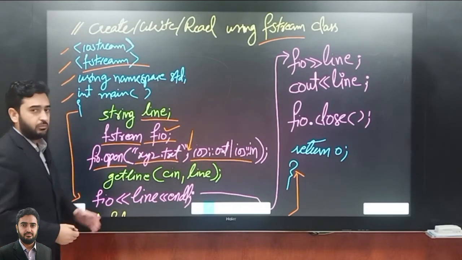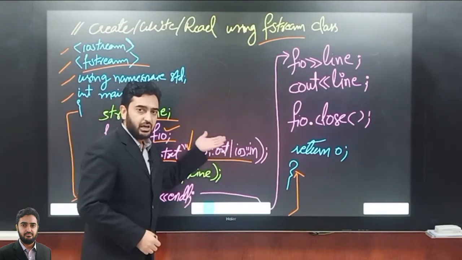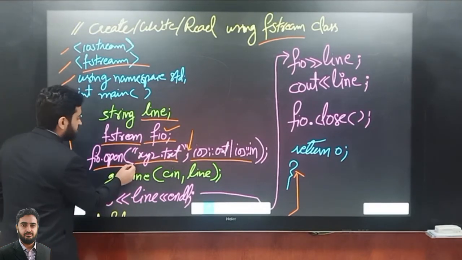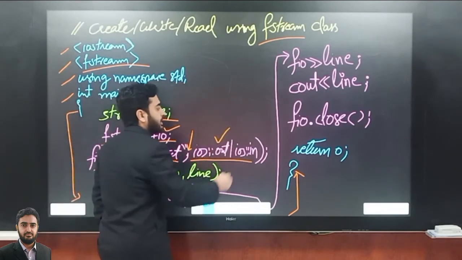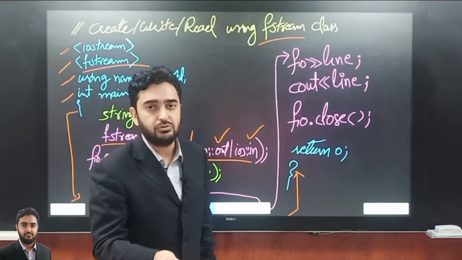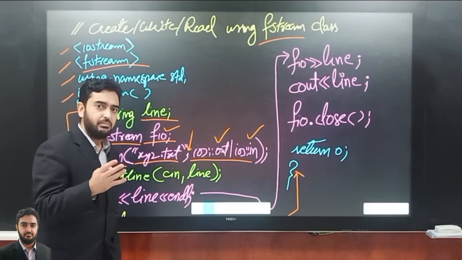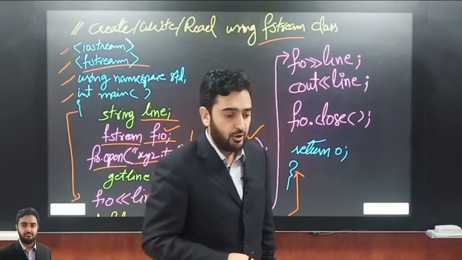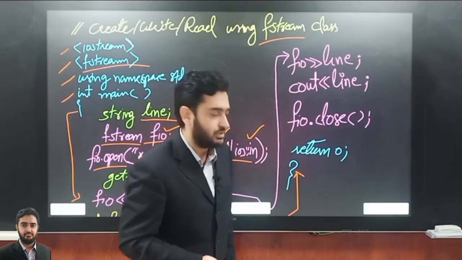The modes that we discussed previously can be passed as arguments into the open function. So we are going to create a new file xyz.txt for output and for input purposes. We want to write in the file and we want to read from the file as well. Both tasks will be done at the same time using a single object, which was not possible using ofstream or ifstream.